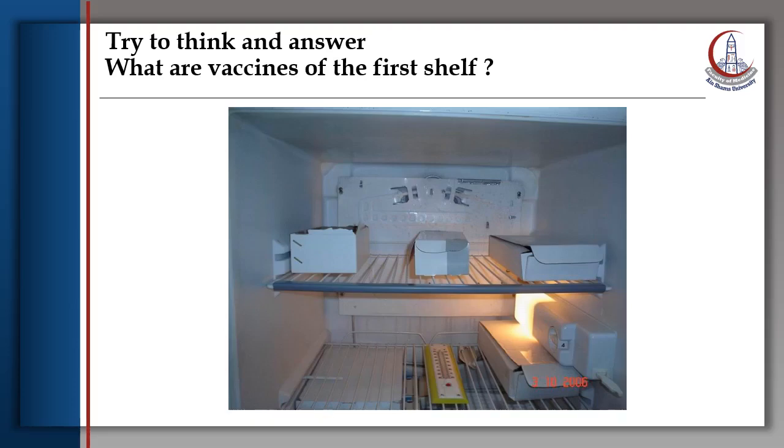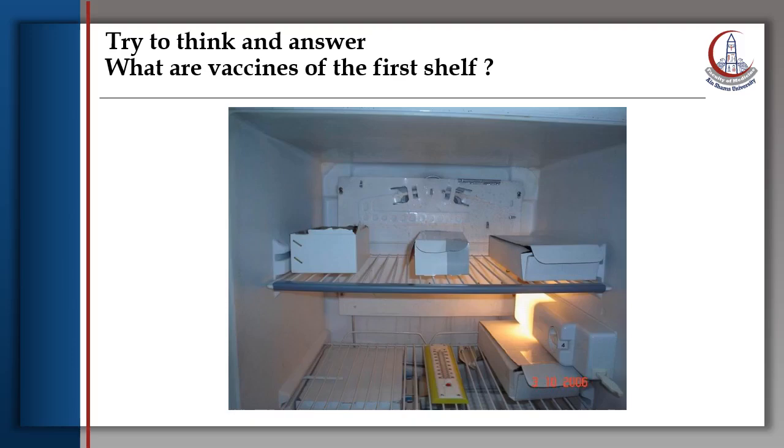We want to know what will happen if the electricity turns off. There are some conditions health workers follow when the electricity turns off.